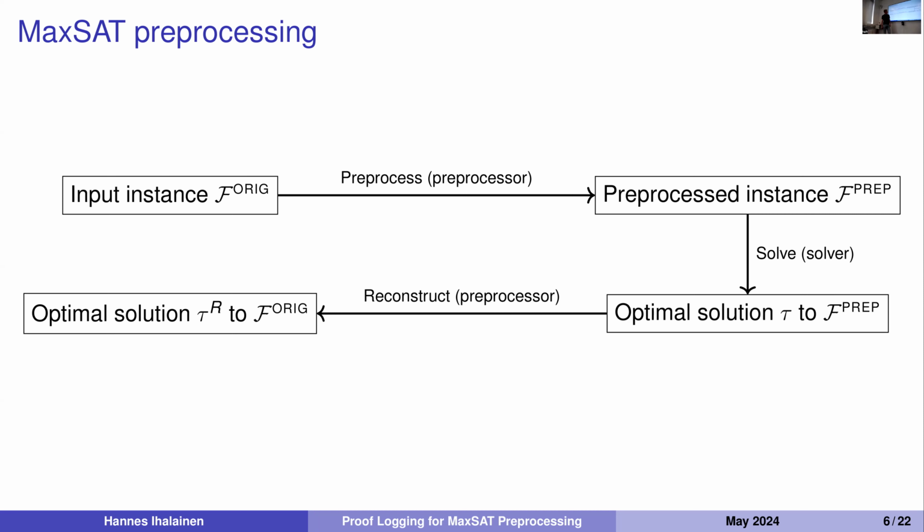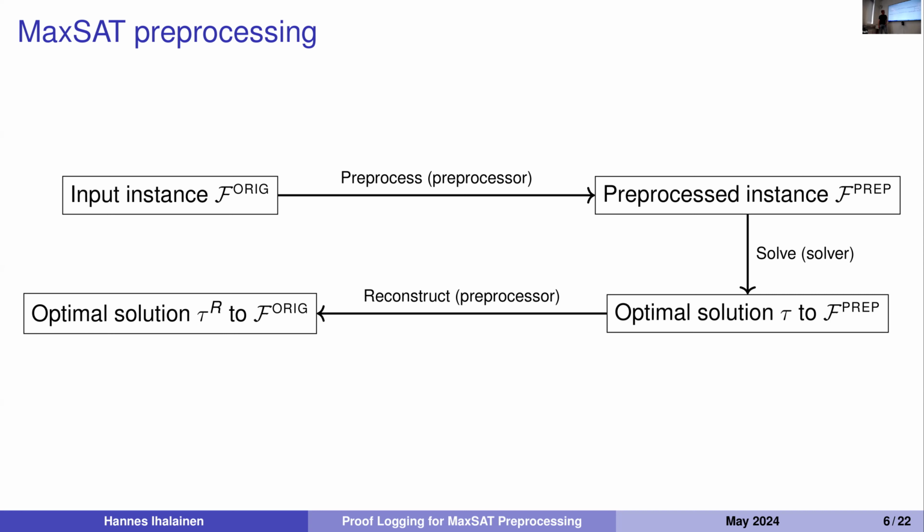And now, of course, we are actually interested in the solution of our original instance here, not our preprocessed instance. So we need to be able to reconstruct a solution to our original instance from our solution to our preprocessed instance. And our preprocessor is able to do this.